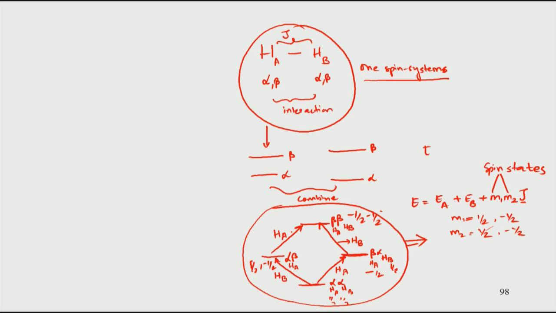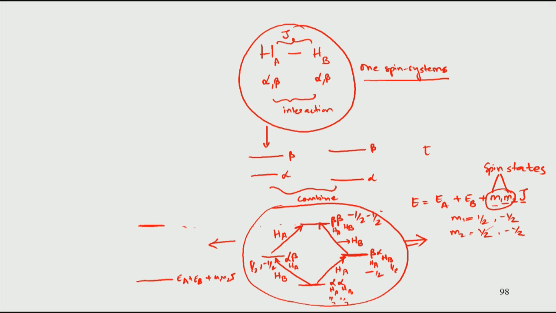What happens is, if you look at this picture on this side, this particular energy level, if I draw a line here and look at this energy level, this is E A plus E B plus M1 M2 J. But M1 and M2 both of them are plus half, and therefore this total adds up to a value of half into half into J, that is J by 4.